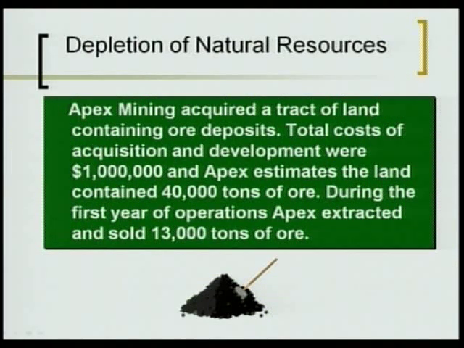Apex Mining acquired a tract of land containing ore deposits. This would be an example of a natural resource. The total costs of acquisition and development were $1 million, and they estimate that the land contains 40,000 tons of ore. Now, during the first year, they extracted and sold 13,000 tons. Well, here's what you do.